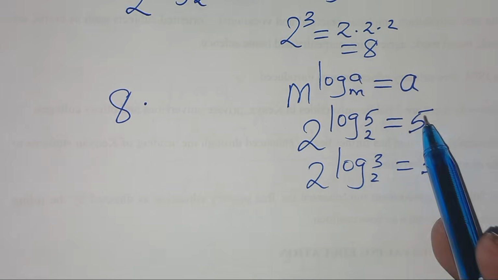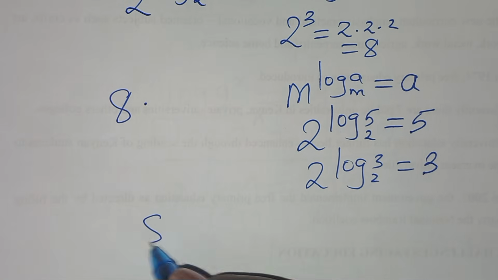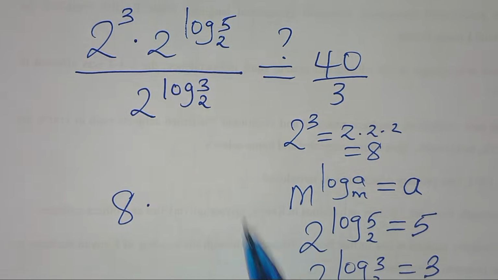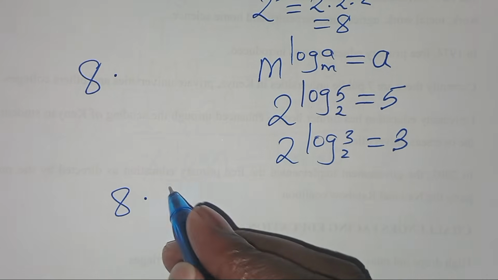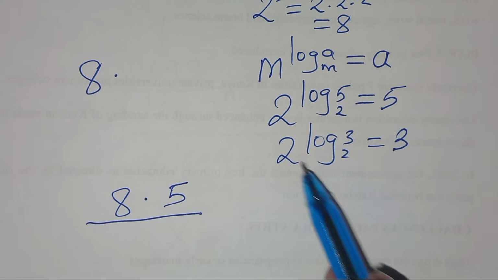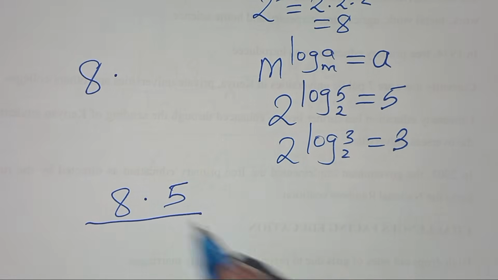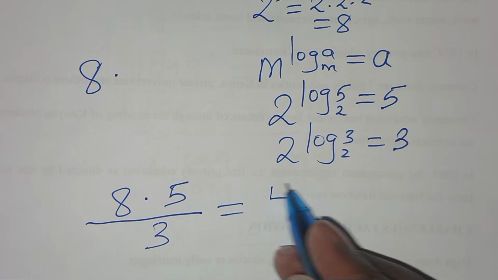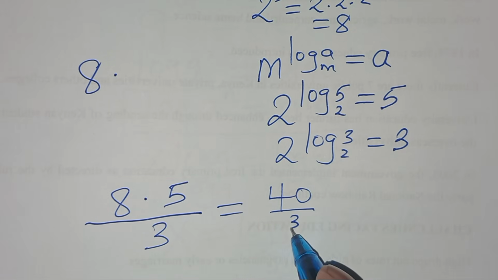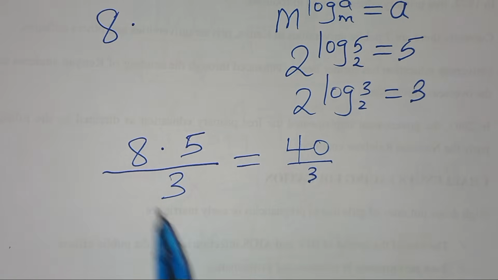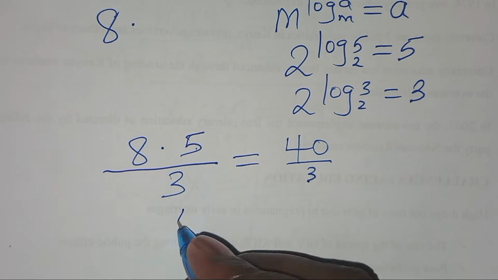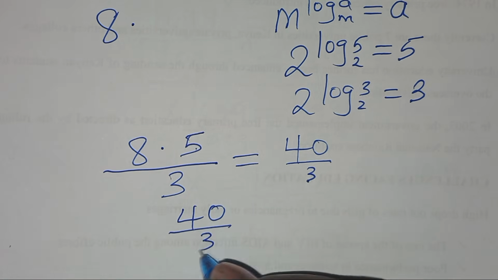So let's substitute these values. We have 8 times 2 to the power log 5 to base 2, which is 5, divided by 2 to the power log 3 to base 2, which is equal to 3. This should give us a value of 40 divided by 3. So 8 times 5 divided by 3, this essentially is equal to 40 divided by 3.